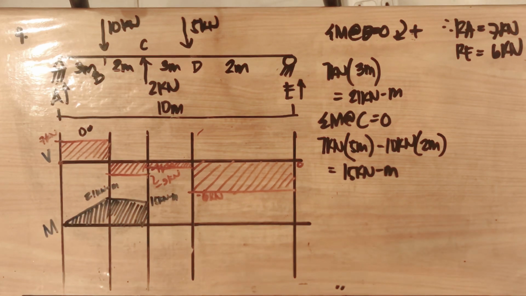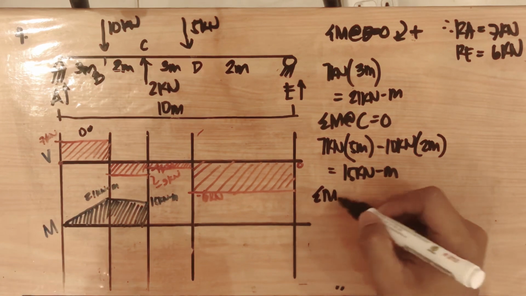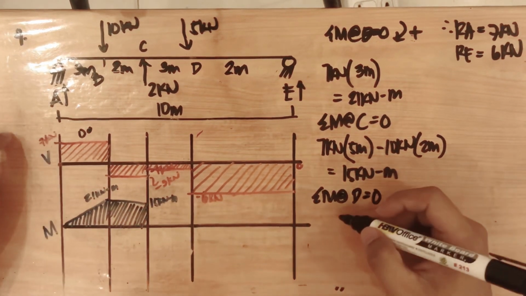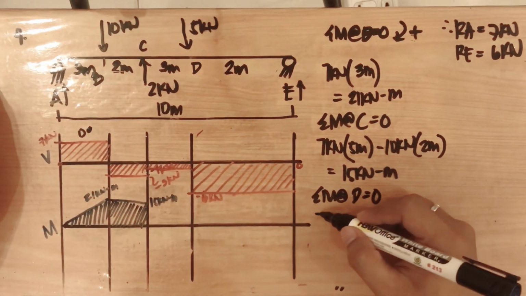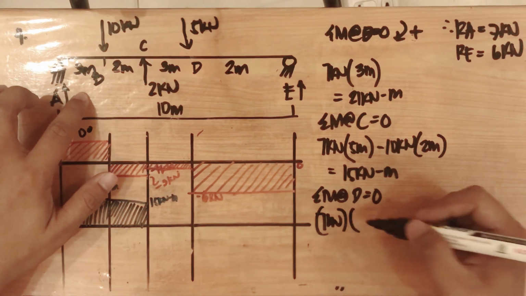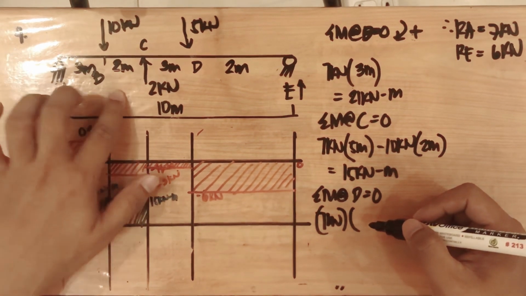Then from point A up to point D, yung summation of moment at D equivalent to 0. So, RA, papuntahin natin doon. So, 7 kilonewton times at D, di ba? So, at D, 3, 5, 8.